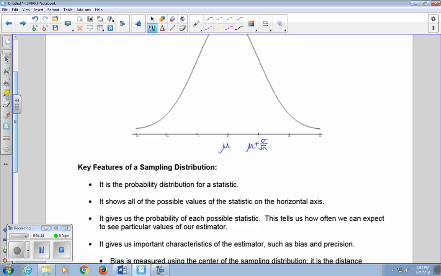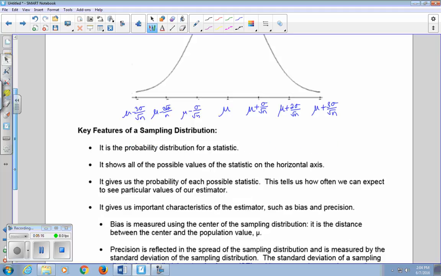And if we go up 2 standard deviations, we have mu plus 2 sigma over the square root of n, or mu plus 3 sigma over the square root of n if we go 3 standard deviations. And also we could go the other direction, down 1 standard deviation and down 3 standard deviations.